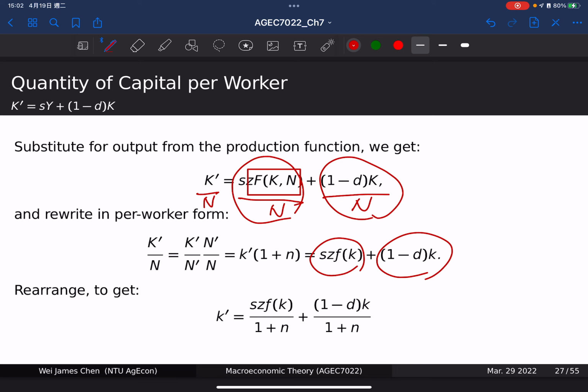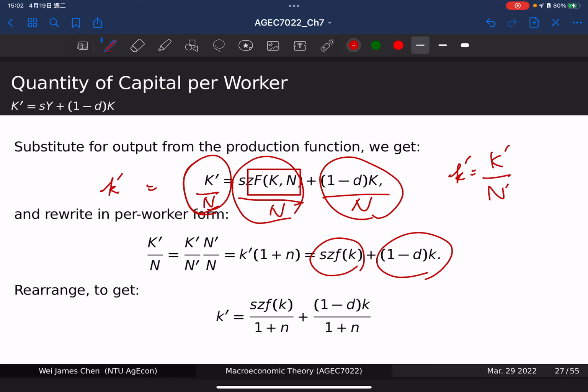But what about here? Why didn't it just become this? That's because lowercase k prime is defined as K prime divided by n prime, the next period population.